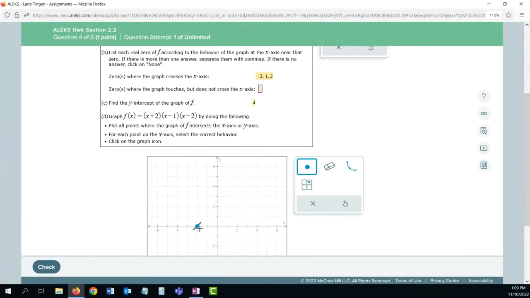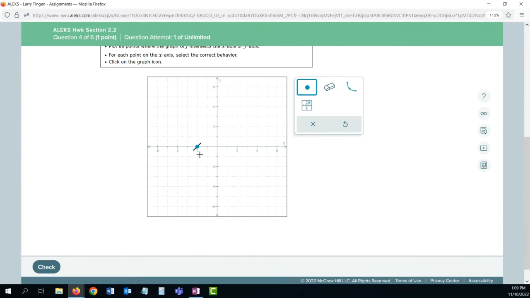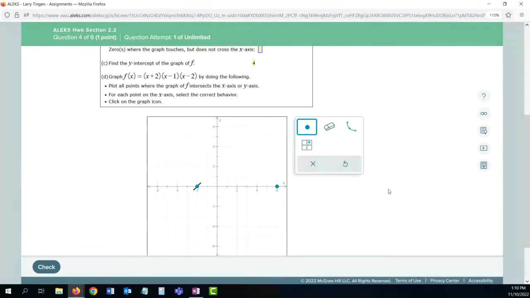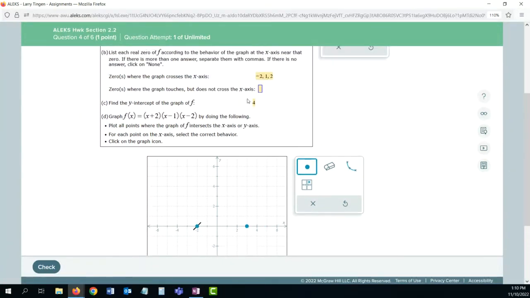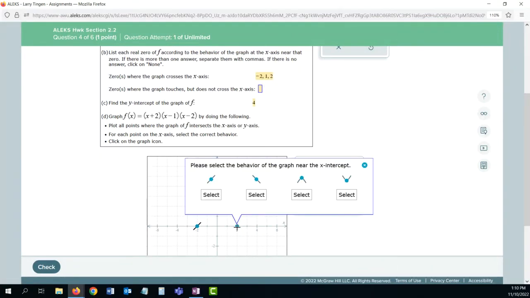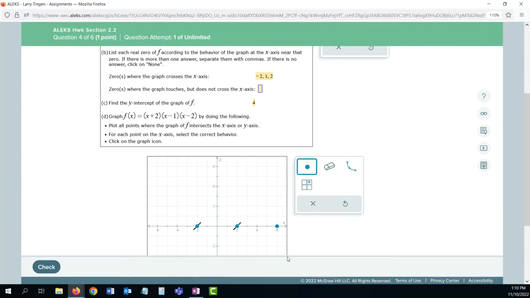If as x goes negative the whole function goes negative, this is what it's supposed to look like: falling to the left and rising to the right. Go to the last one on the right, which is 2. At 2, I have to be doing the same thing. I'm going to have to be rising.